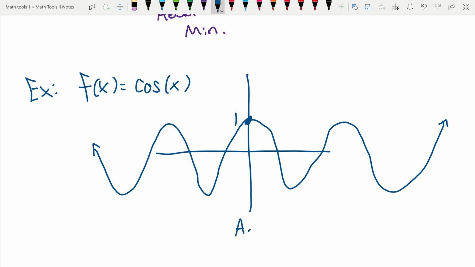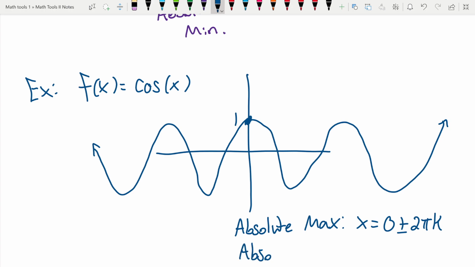We would still write that the absolute max is at x equals 0 plus or minus 2 pi k. Again, where k is any integer. And then the absolute min is at x equals, sorry, not pi over 2, but pi.